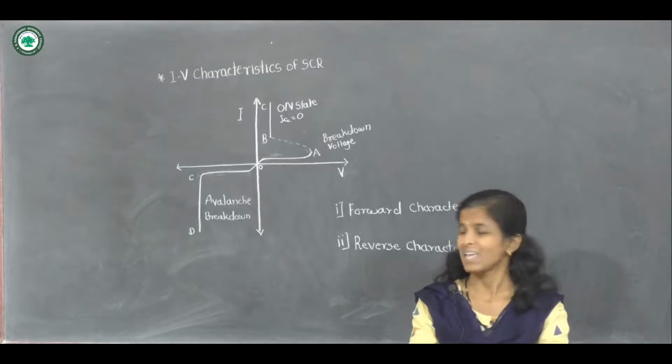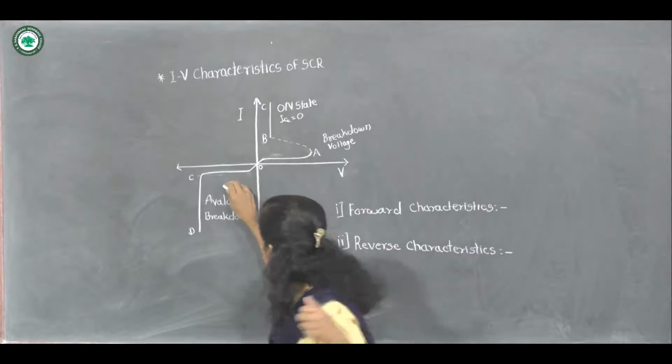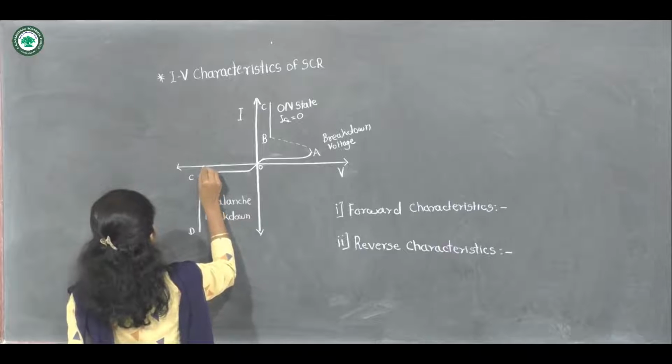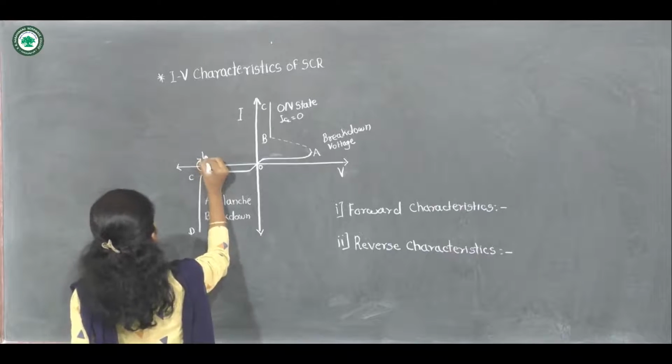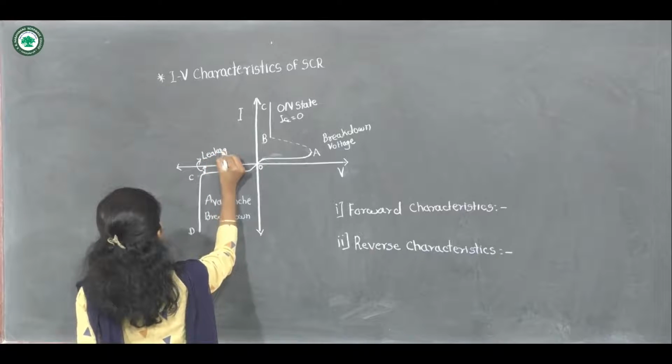This anode current which remains small is called the leakage current.